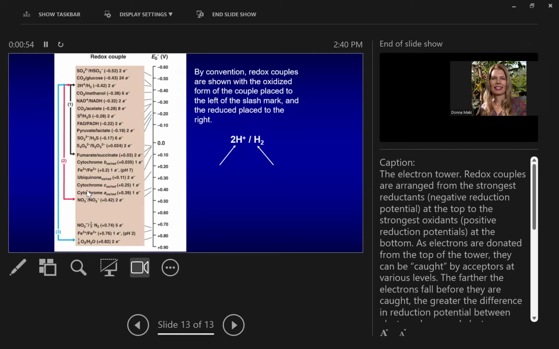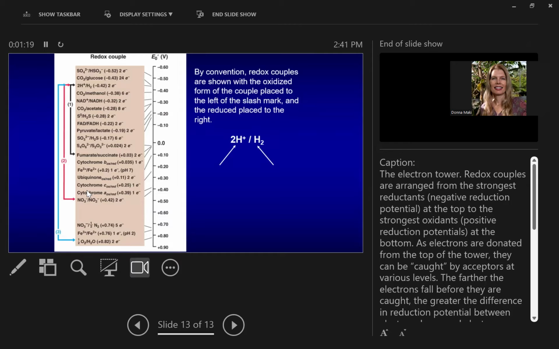You have to understand that if it has a negative reduction potential, the reduced partner is very happy to donate off electrons, very good at it. The more negative the number, the more willing they are to do this. A happy Tinkerbell: I'm gonna donate off my electrons.